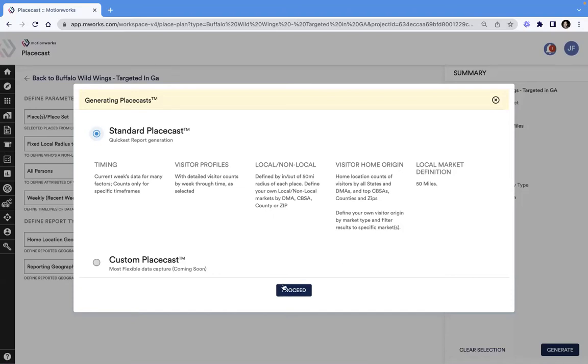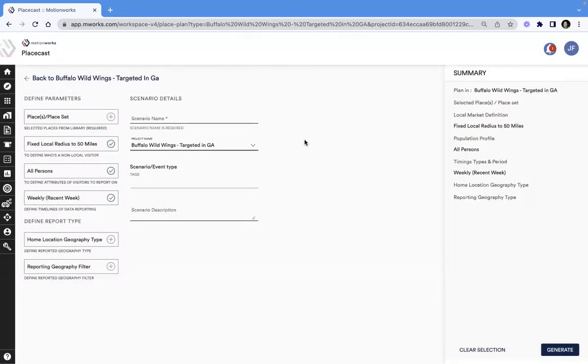We can look at different timing, those visitor profiles, just like audience is contextualized by media inventory. That population data is turned into visitor profiles for places. Understanding how far away people are coming from to visit each location, where those people are coming from specifically, where they live, as well as other information.